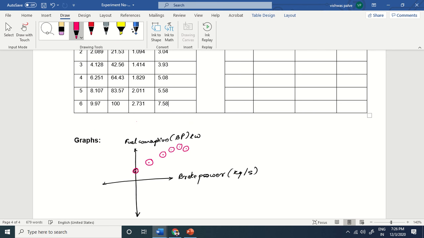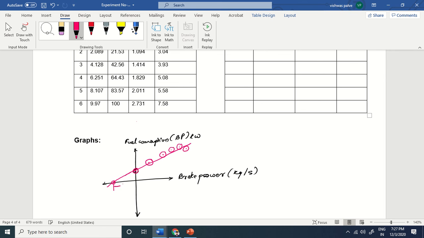The next thing is you have to draw a straight line passing through maximum points. This line represents the frictional power, and if I extend this line, it is called the Willans line, and wherever it intersects the x-axis, you have to record that point.